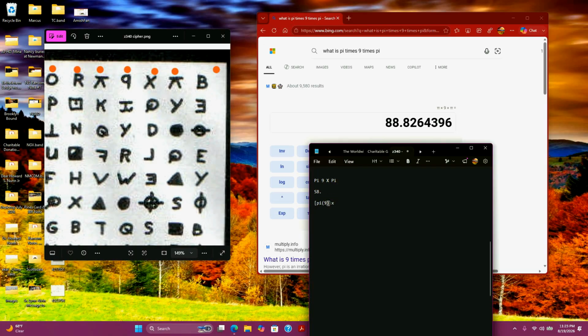That was a long time ago. So we would bracket that: that result times pi times 9 times pi equals 88. And we'll just round up and leave it at 88.